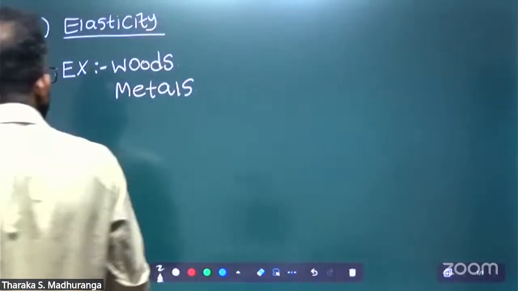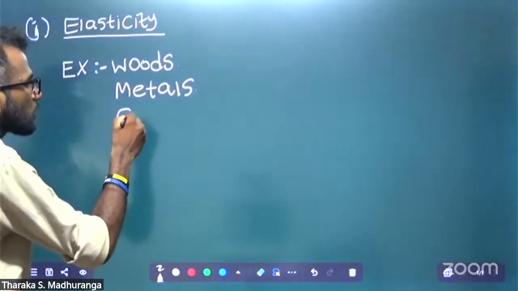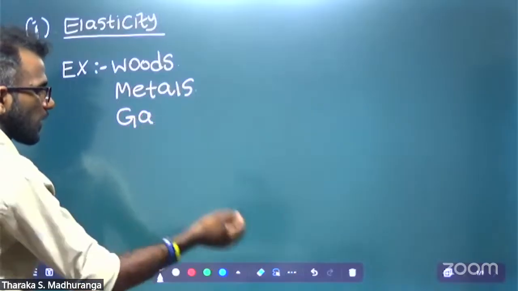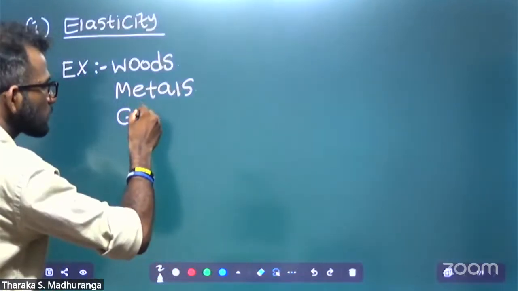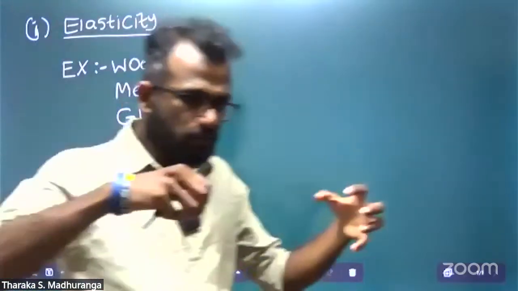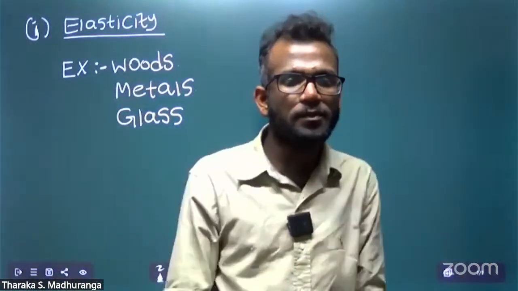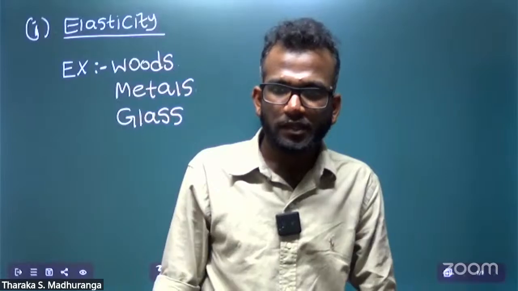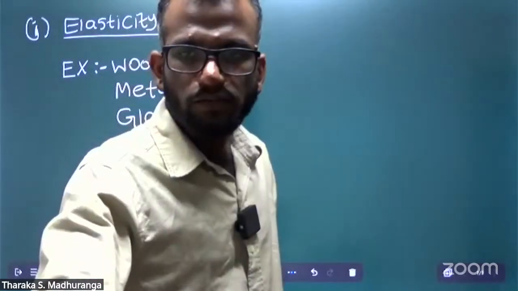Can you imagine glass is also an elastic object? Up to a certain level, glass is also elastic. When we apply external force, it deforms and comes back to the same position.